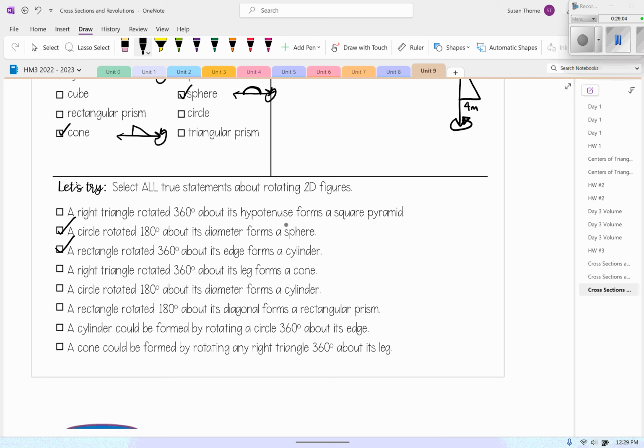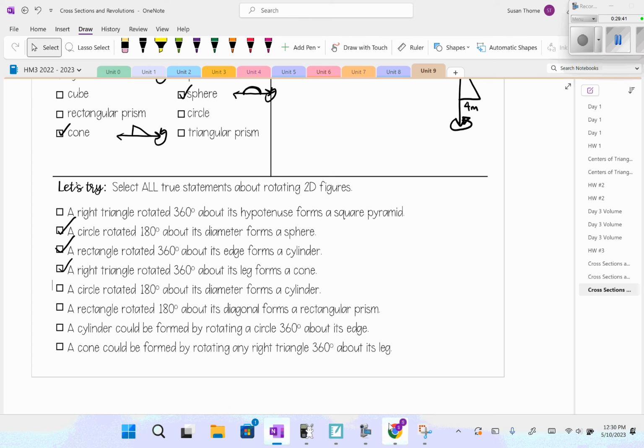A right triangle rotated 360 degrees about its leg forms a cone. True. A circle rotated 180 degrees about its diameter forms a cylinder. That is not true. We just talked about it making a sphere. A rectangle rotated 180 degrees about its diagonal forms a rectangular prism. Not true. A cylinder could be formed by rotating a circle 360 degrees about its edge, which is not true.